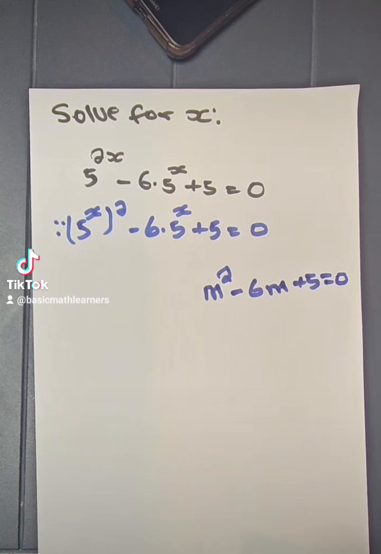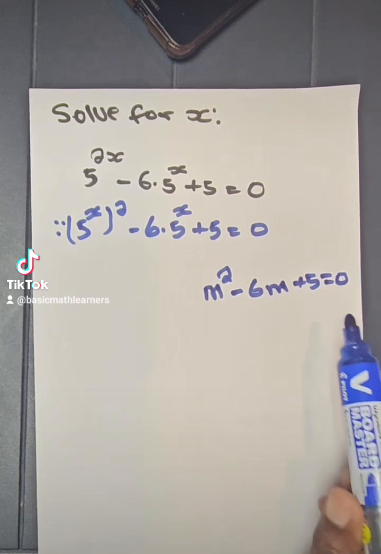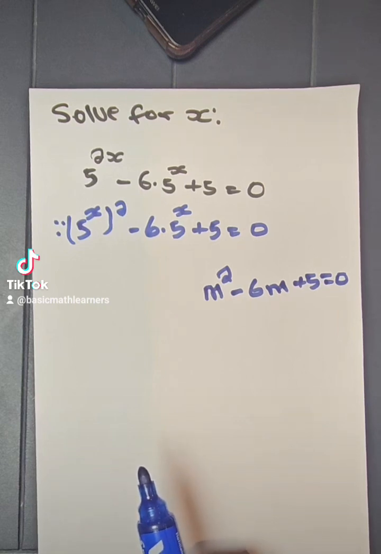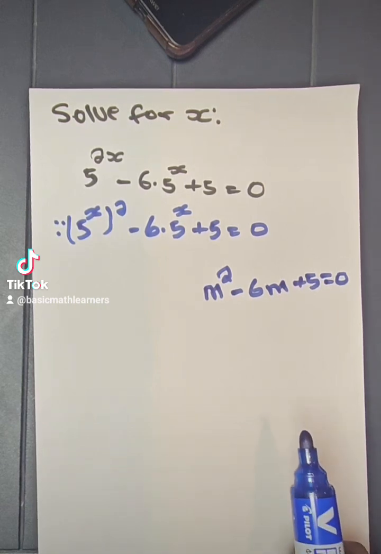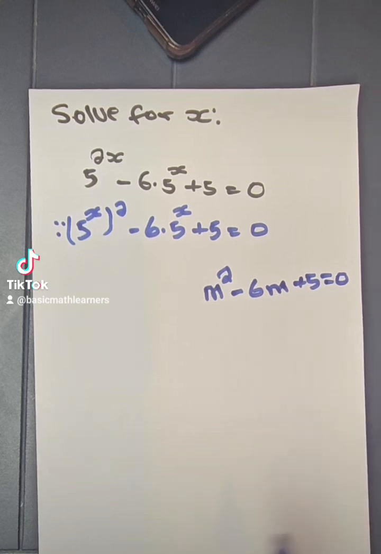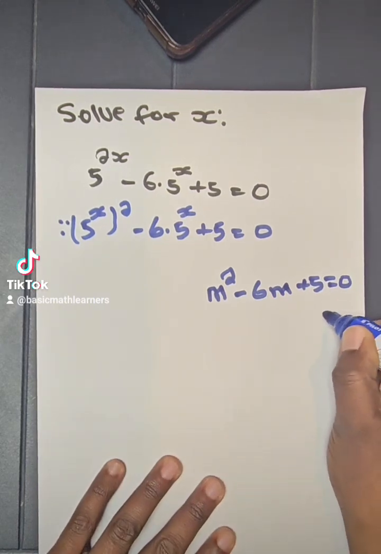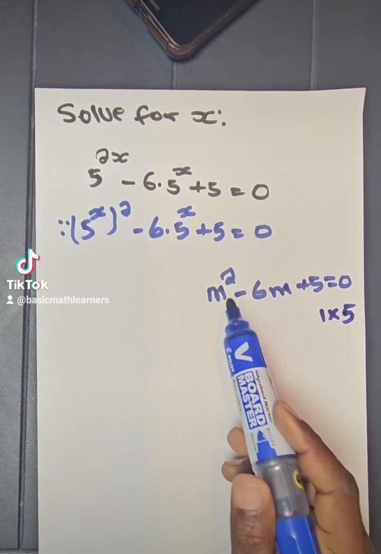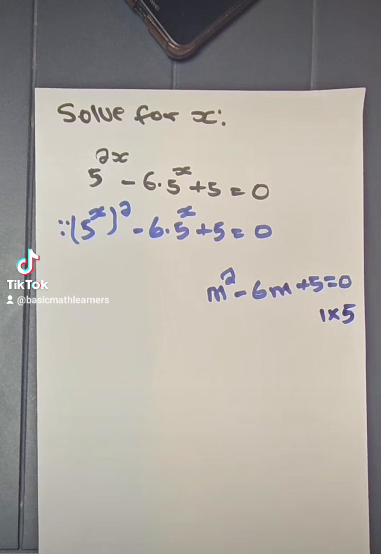So now we have m squared minus 6m plus 5. In order to factorize this, let's look at our constant term, plus 5. And we need to find a way that we can get negative 6 using the constant term. The constant term has got factors. One of the factors is 1 times 5. So 5 can be written as 1 times 5. Well done. The coefficient of m squared is only 1, so ignore it.